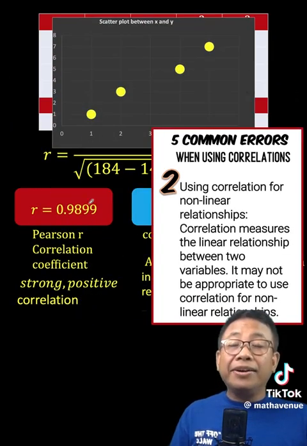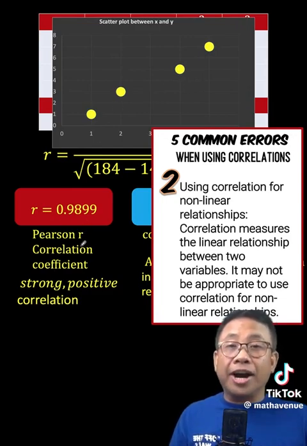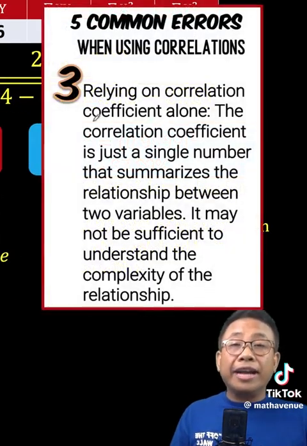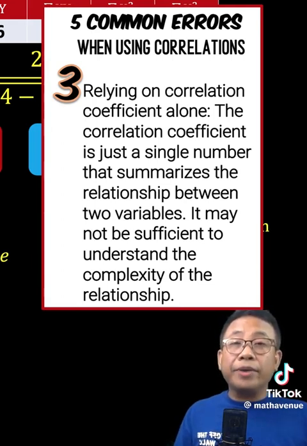Let's remember that in our data, we plot the points first, and based on this scatter plot, we realize that there is indeed a linear relationship, and so we proceed to the computation of the Pearson R. The next common error in using correlation is relying on correlation alone and not trying any other ways to measure the relationship between variables. There are other methods of measuring the degree of relationship. For example, we have chi-square, we have regression analysis, and some other methods.